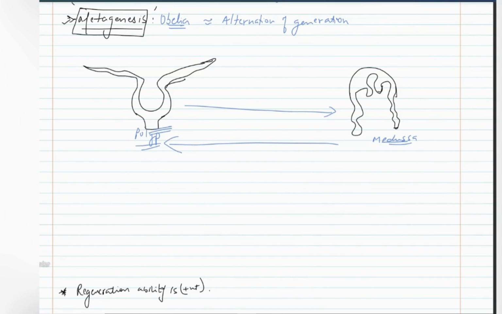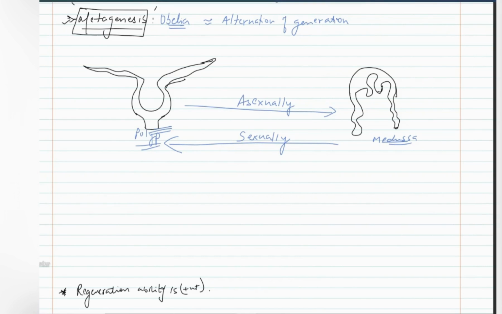Polyp produces medusa asexually and medusa produces polyp via sexual reproduction. So there is alternation of generation between asexual and sexually reproducing life forms.